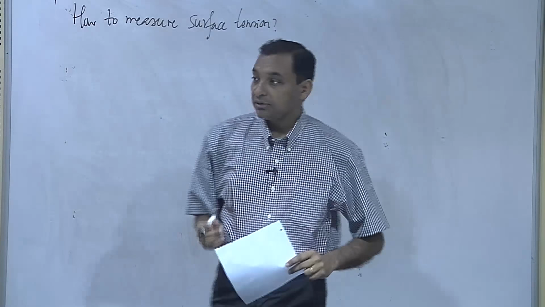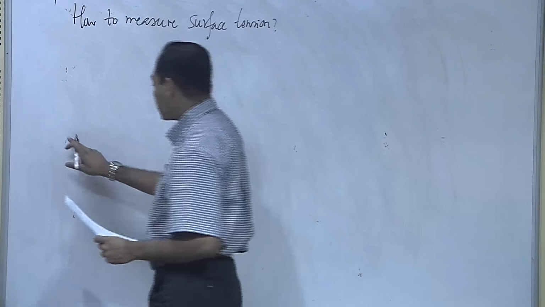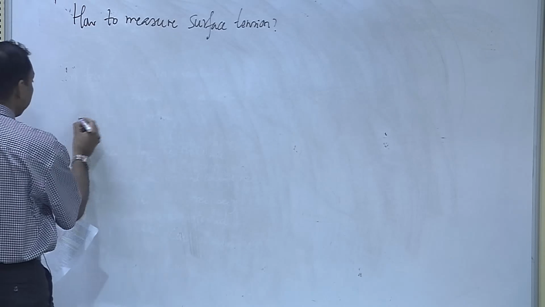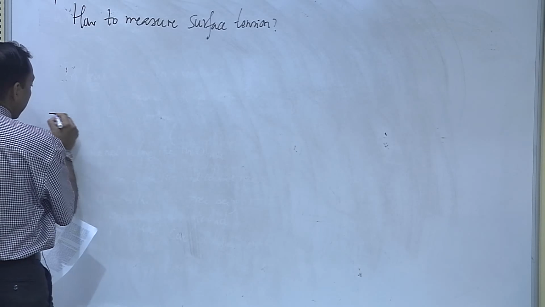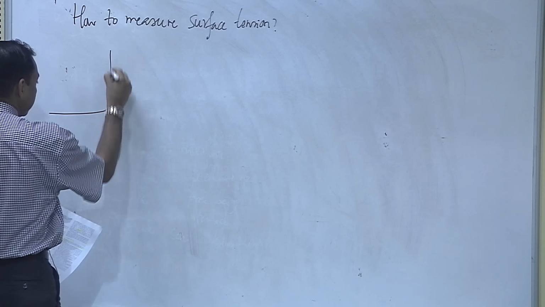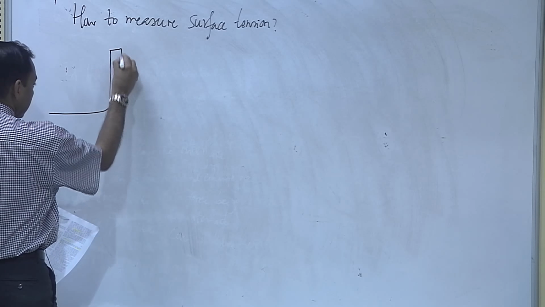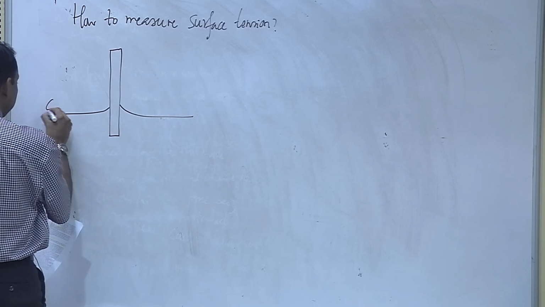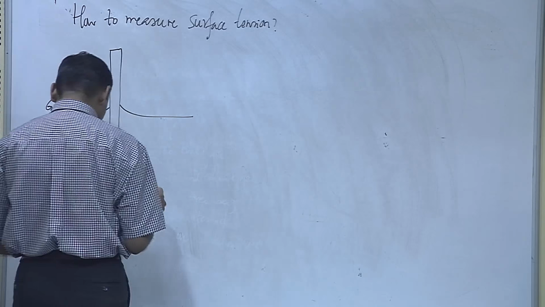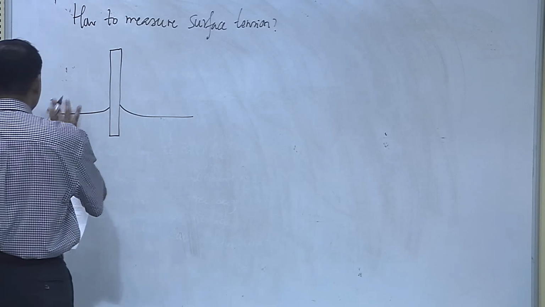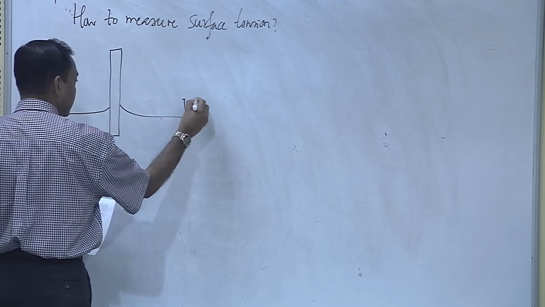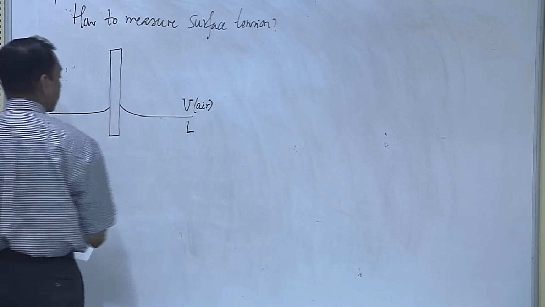So, a quick and easy way to measure a surface tension is to really calculate a force. If I have, say, a plate, so this is the liquid, this is the gas or the vapor, we can make it V, the vapor, liquid, vapor. Vapor is essentially air and things like that.